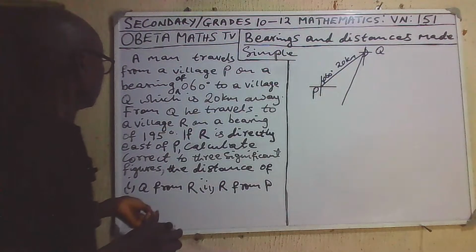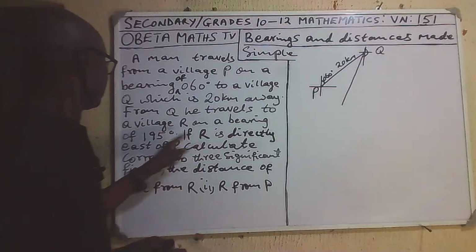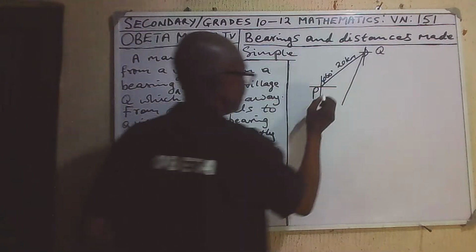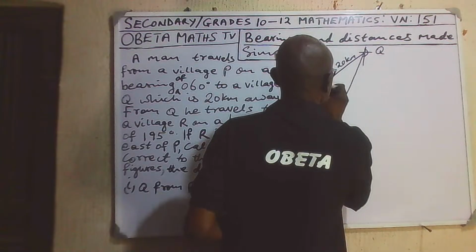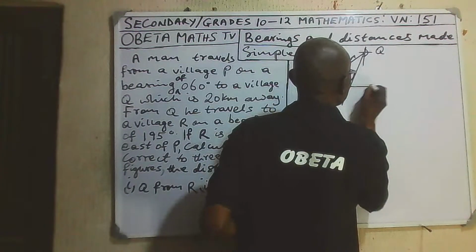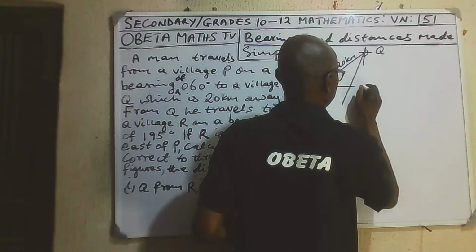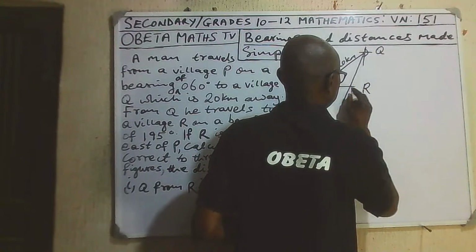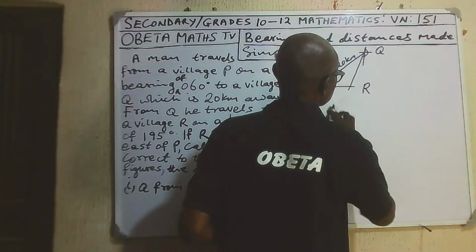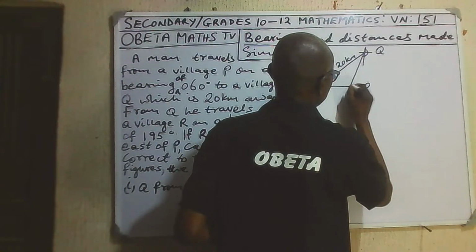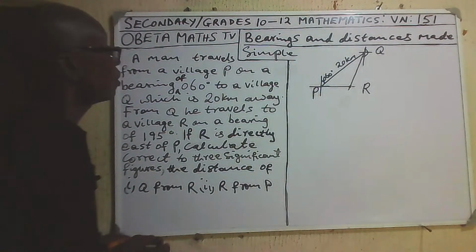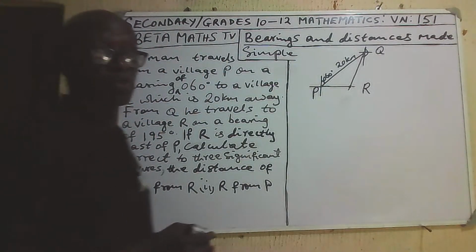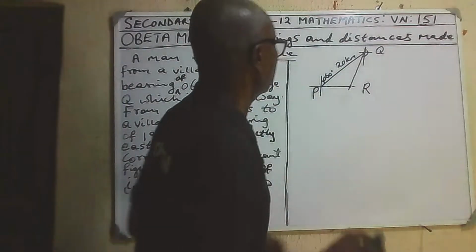Now, if R is directly east of P, that means you follow this, so this point should be our R. At that point, we need to know some angles.